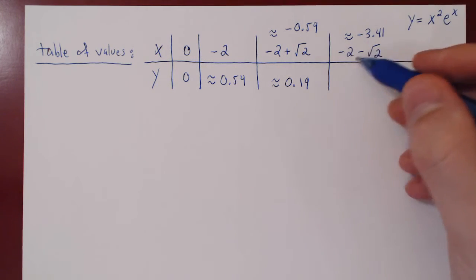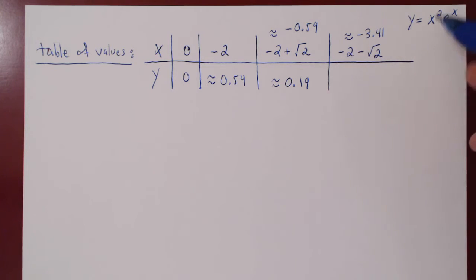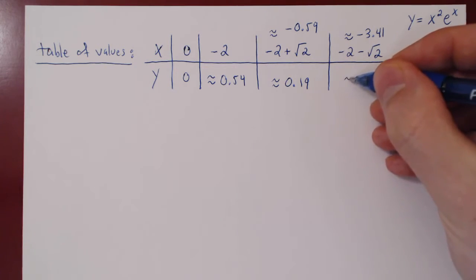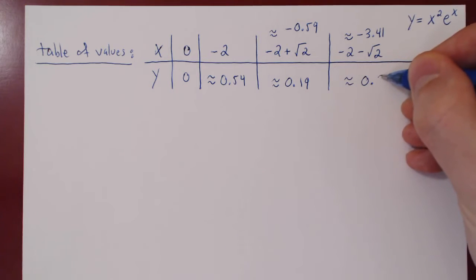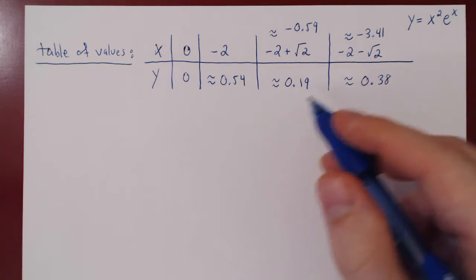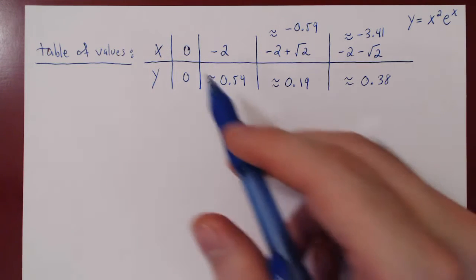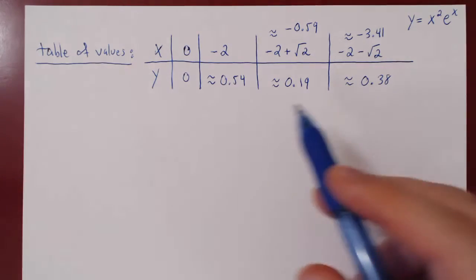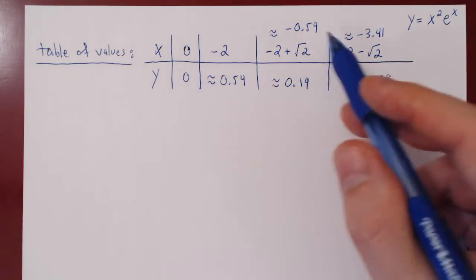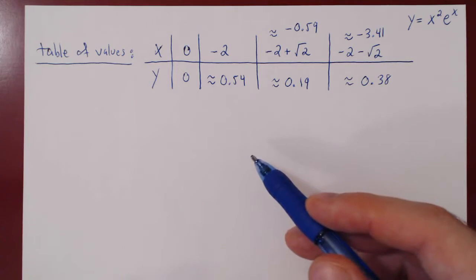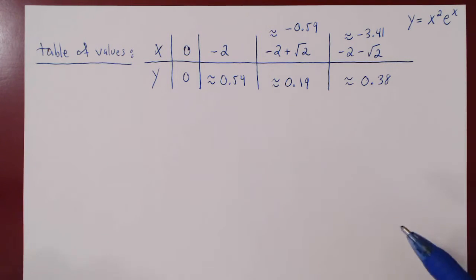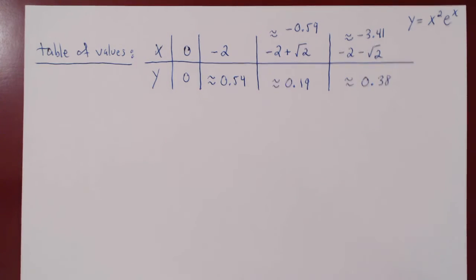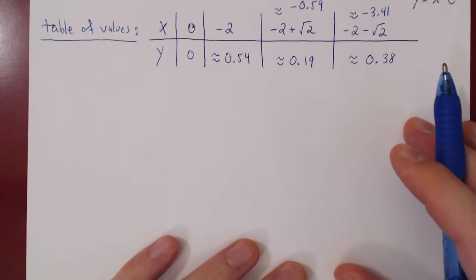And if you plug this in for x in the function, you will find a y value that is approximately 0.38. Now we have our table of values, at least initially, for the 4 points of interest, the 2 critical and the 2 possible inflection points. We are now ready to produce an accurate sketch of our function.